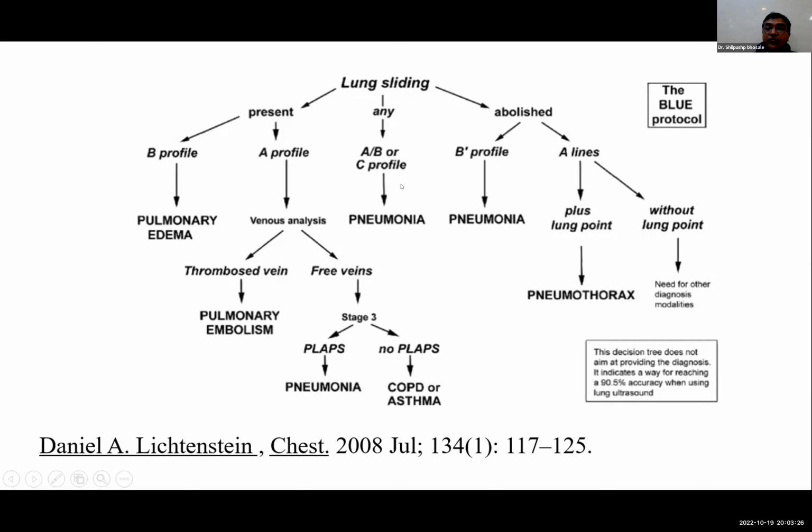If you have C profile again, or shred sign, you're probably looking at a pneumonia. If you have lung slide and B profile, you have probably pulmonary edema or alveolar edema or interstitial edema. So this is how you can use an algorithmic approach to look at the lung ultrasound.